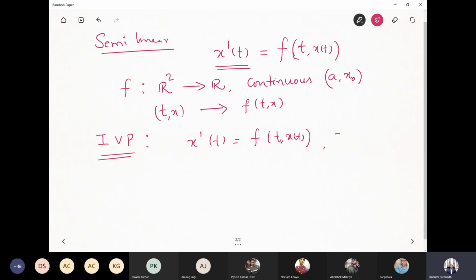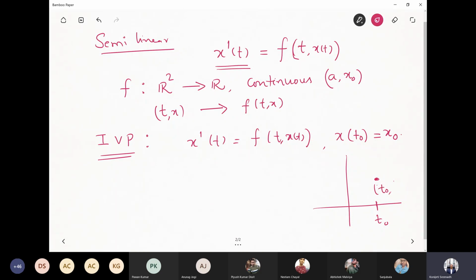With x at t naught equals x naught. So we are basically looking at the point t naught, and you are given a point x naught. Let me call it t naught x naught.